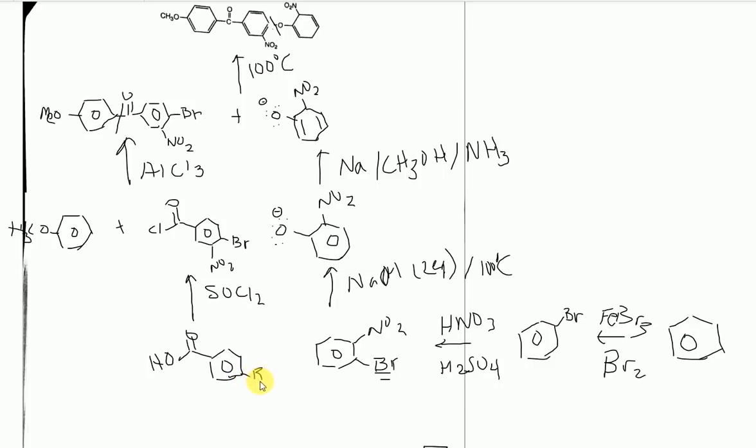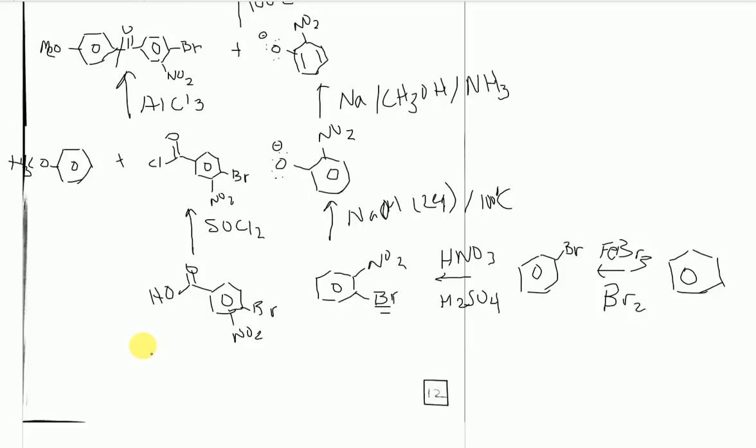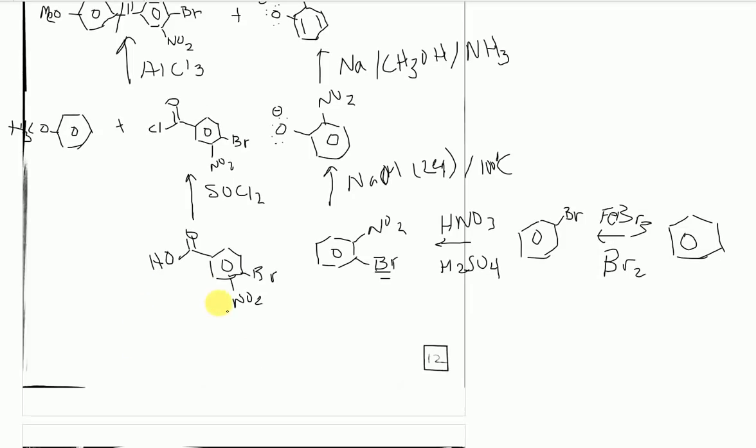Wrong position. All right, and so to make this one, now what do I do? Okay, well, what's the most strategic thing to do here? The most strategic thing to do would be to remove that NO2 group.